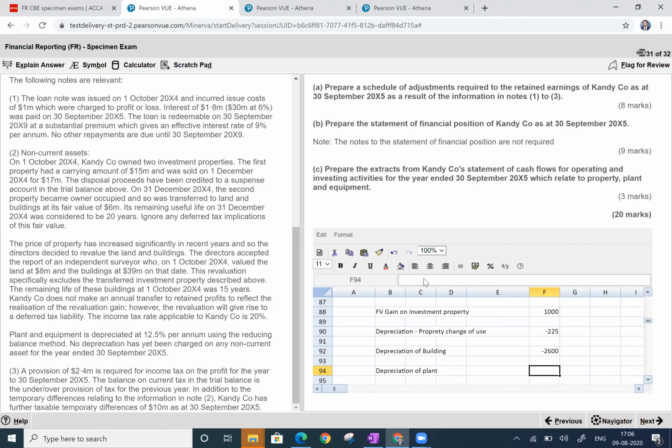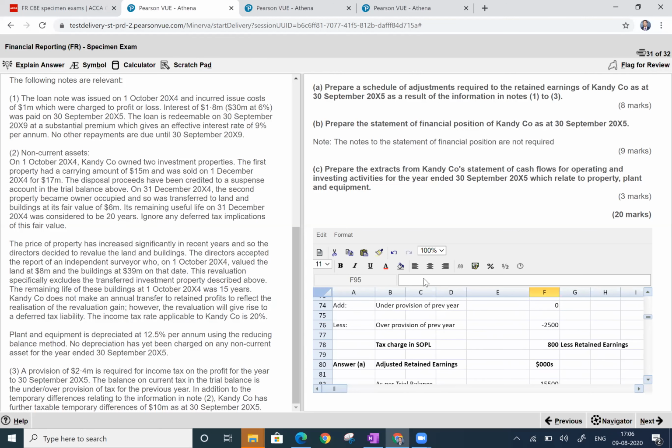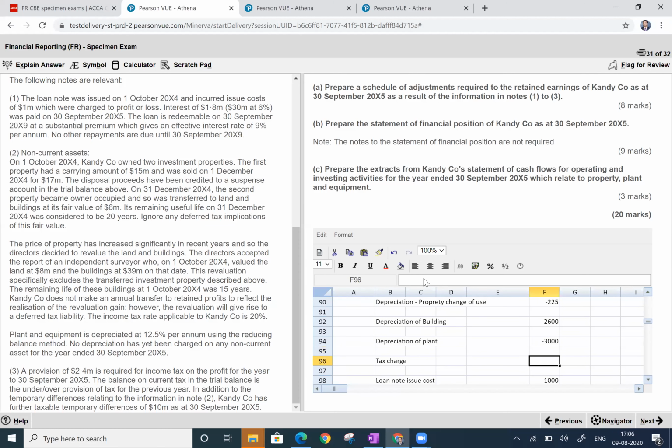I forgot what I told. I think it is 59. 3000, depreciation of plant. Yes. Tax charge in SOPL. That is F78, equal to minus F78, equal to sum 10,265.